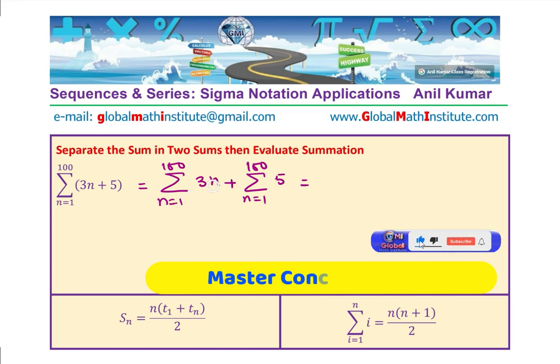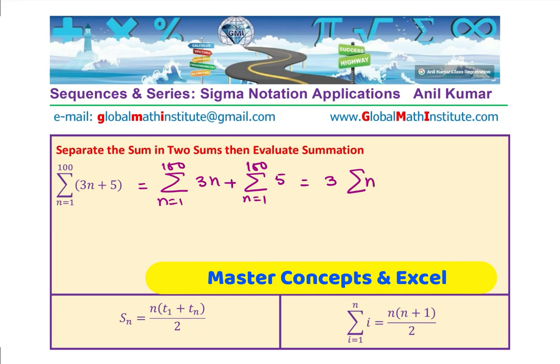Now the first term, 3 is a constant, n changes. We could write 3 here, and we can write the summation of n terms, the natural numbers moving from 1 to 100. Correct? So this is the sum of the first 100 natural numbers. You get the idea? Plus, we have here a constant term 5, which is going to be added 100 times, right?